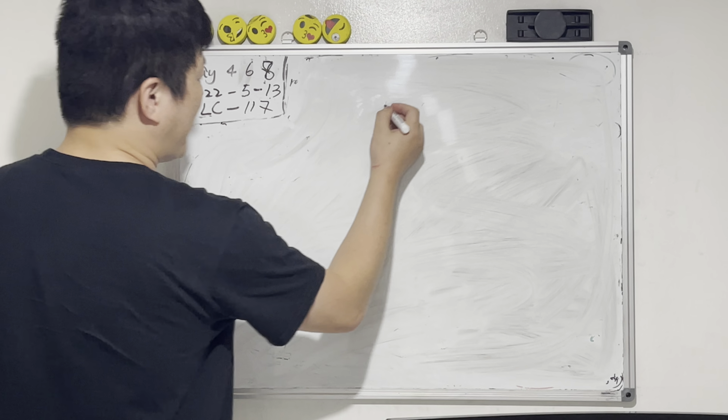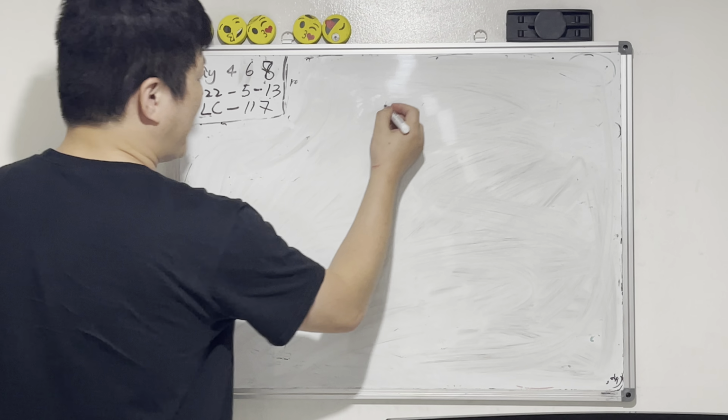We have a binary tree, and usually you have a node, and the node has a value, and we have a left and a right pointer. Now we're going to add one more field called next.